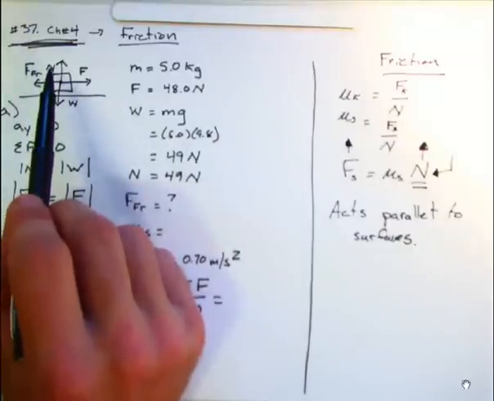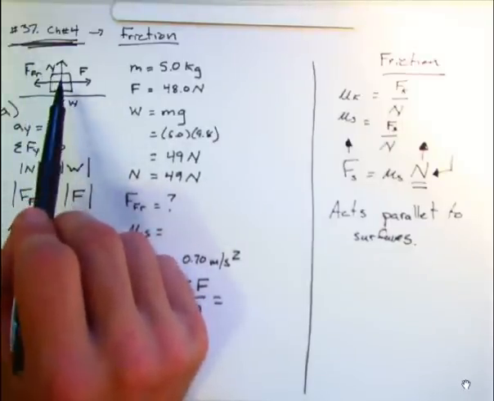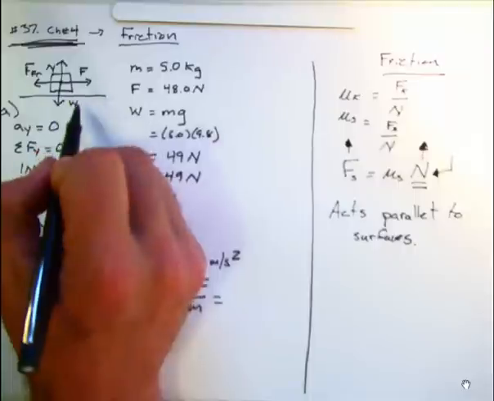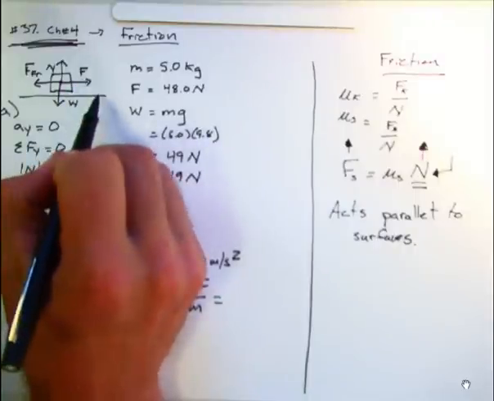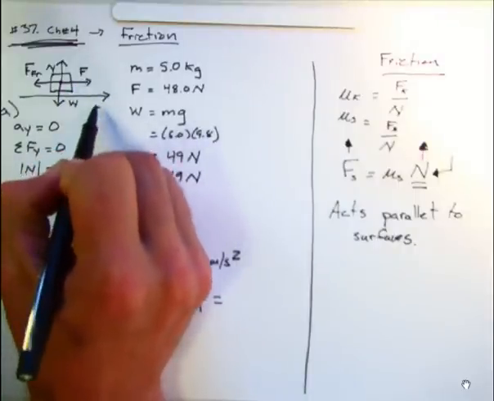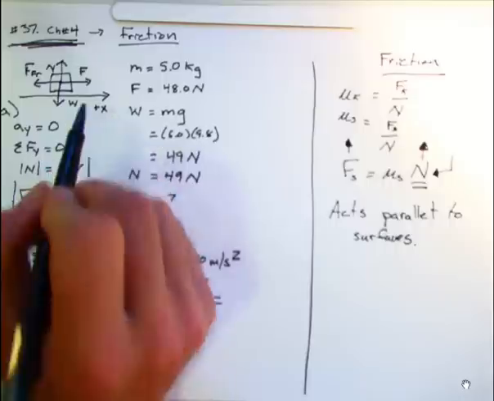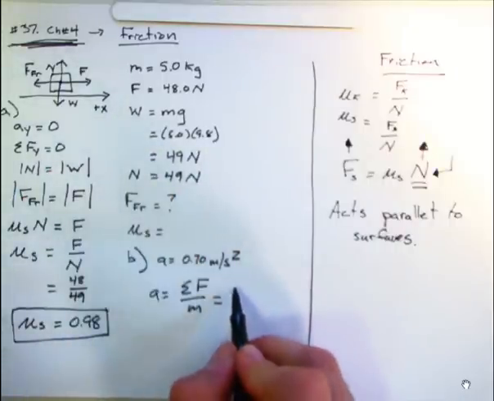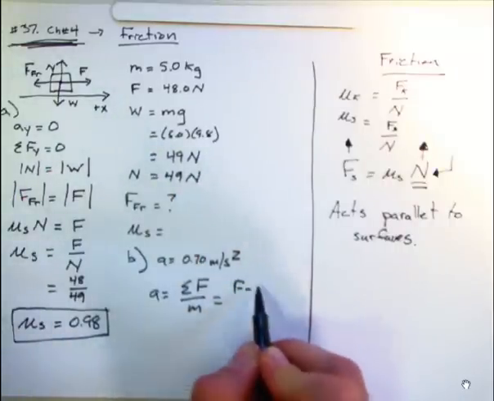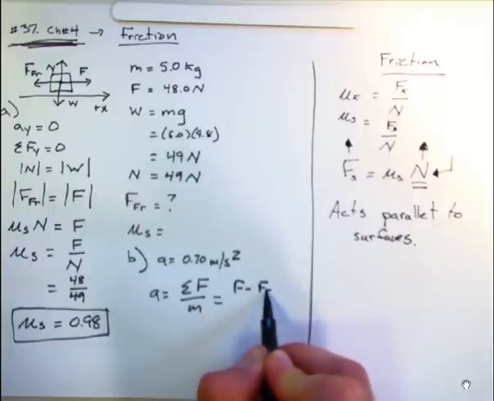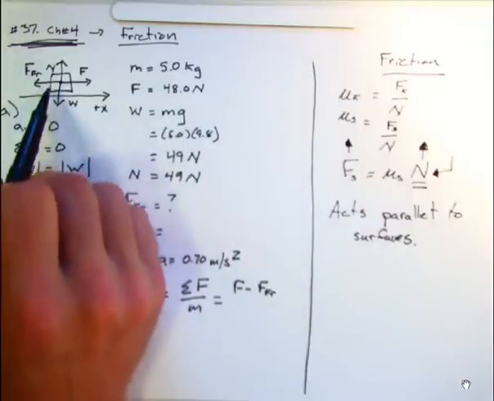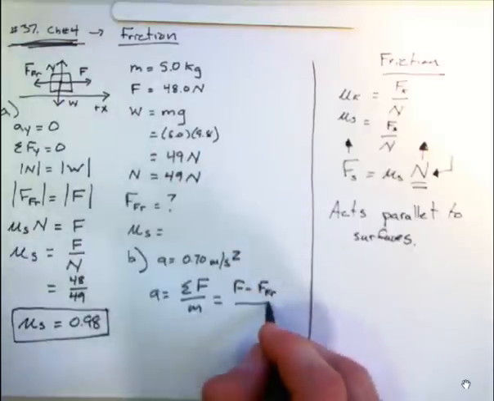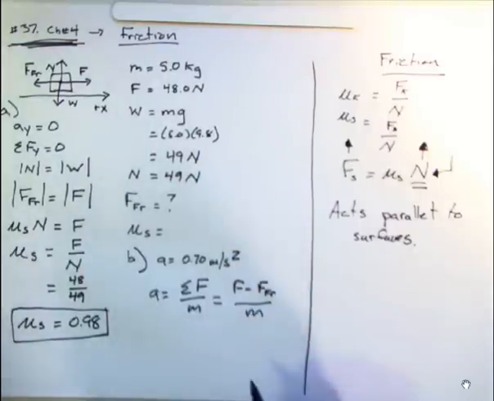We know that the normal and the weight are going to cancel each other. Therefore, the applied force, which we're applying to the right, which we're assuming is the positive direction, is equal to F minus our force of friction. I'm going minus here because this would be the negative x direction, divided by the mass.